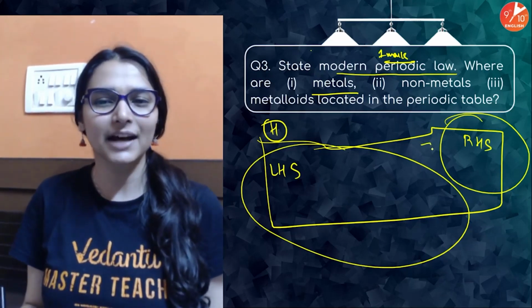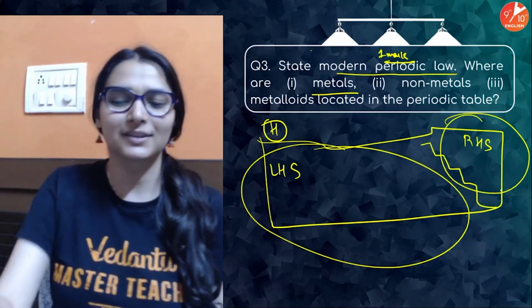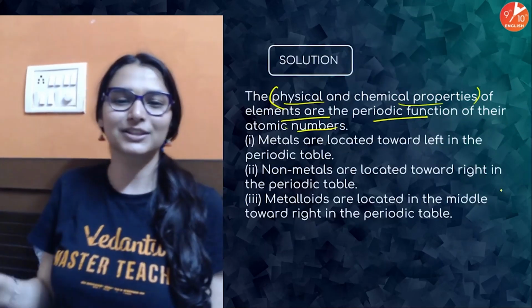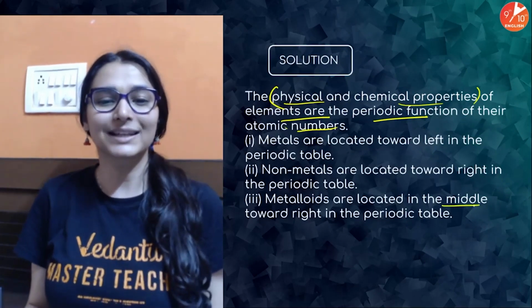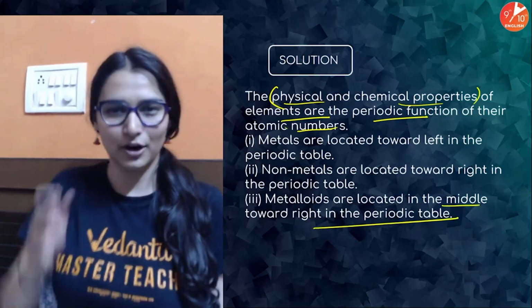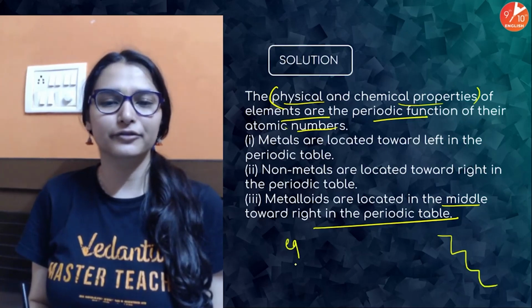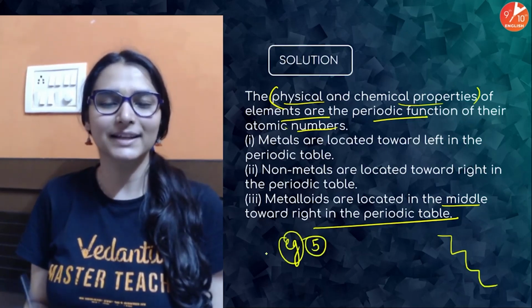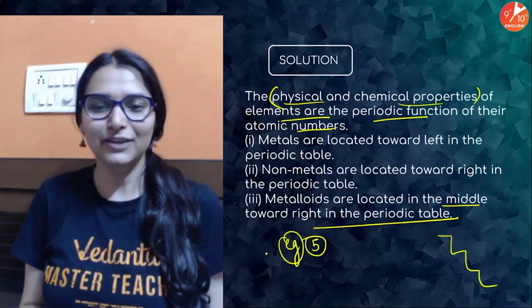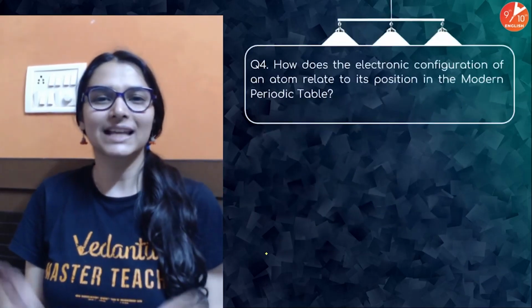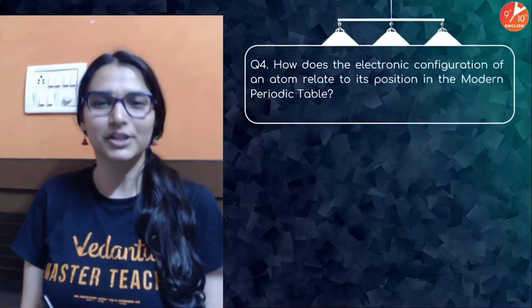And metalloids are in the diagonally zigzag position, you can say middle towards the right in the periodic table. Can you give me examples of 5 metalloids? Any 5 metalloids, tell me in the comment section right now if you're watching the video, okay.